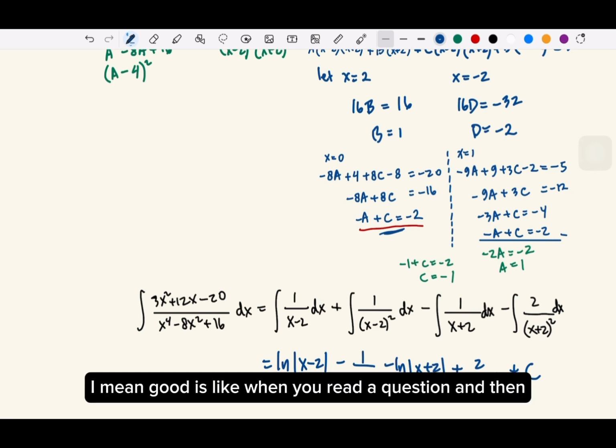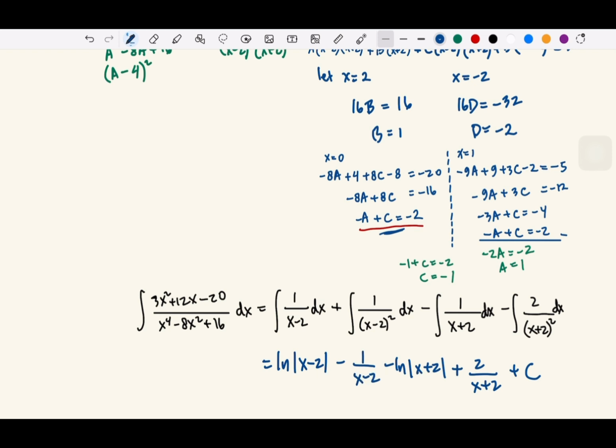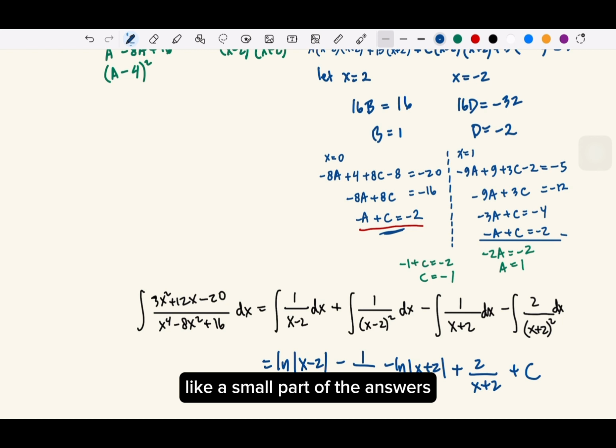I mean, a good question is not when you read the question and then you feel that you write a long solution. That's not a good question. A good question is when sometimes you just need to provide a small part of the answer. I'm trying to do that so we can optimize your time.